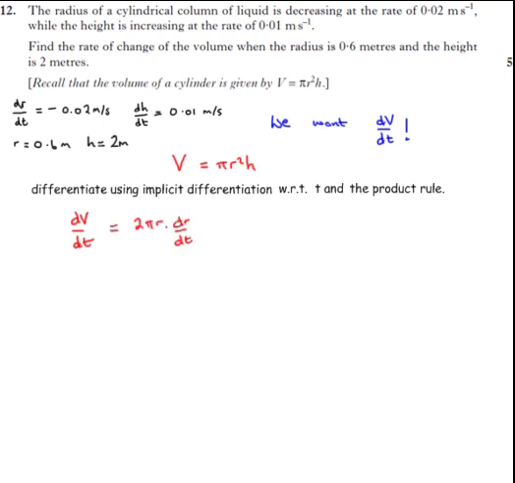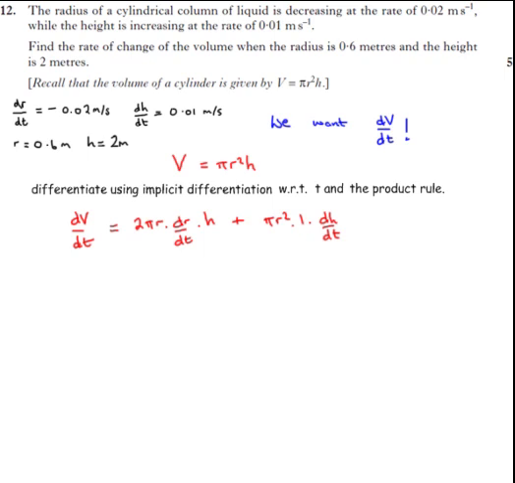So that's 2 pi r times dr by dt times h. Plus, we now leave the pi r squared as it is, and differentiate the h with respect to t. The h will just be 1 times dh by dt. So that's pi r squared times 1 times dh by dt.